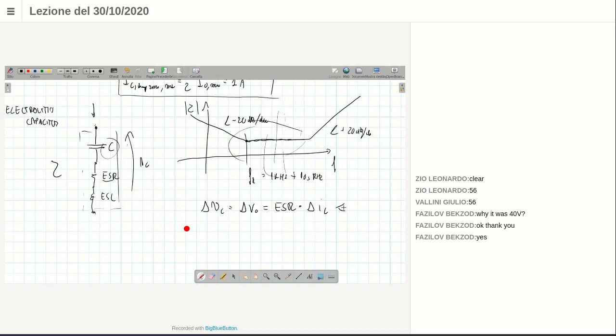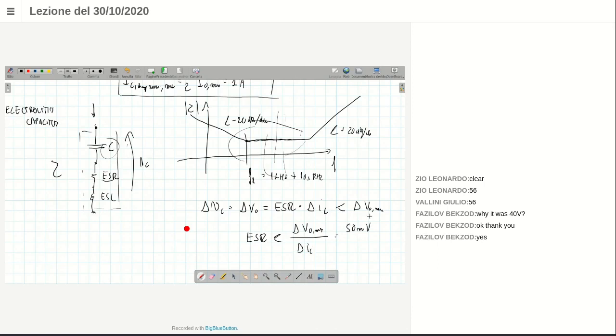If we want a ripple that is less than what we specified, 50 millivolts, let's say delta VO max, we get that the ESR of the capacitor should be less than our maximum ripple divided by the current ripple.